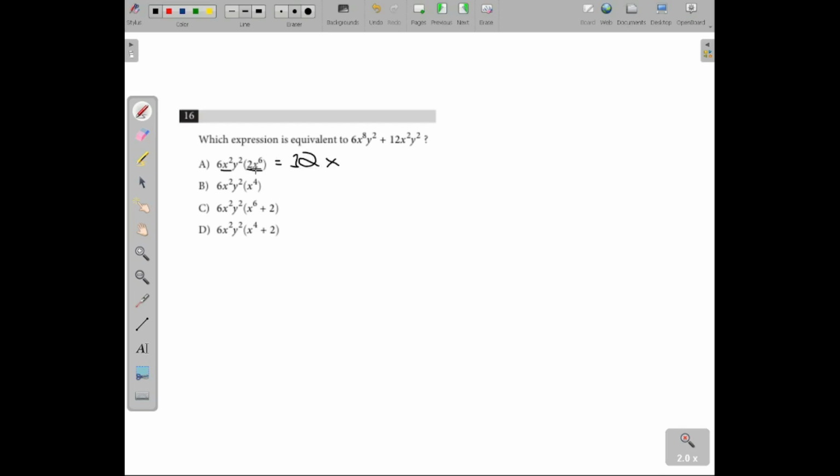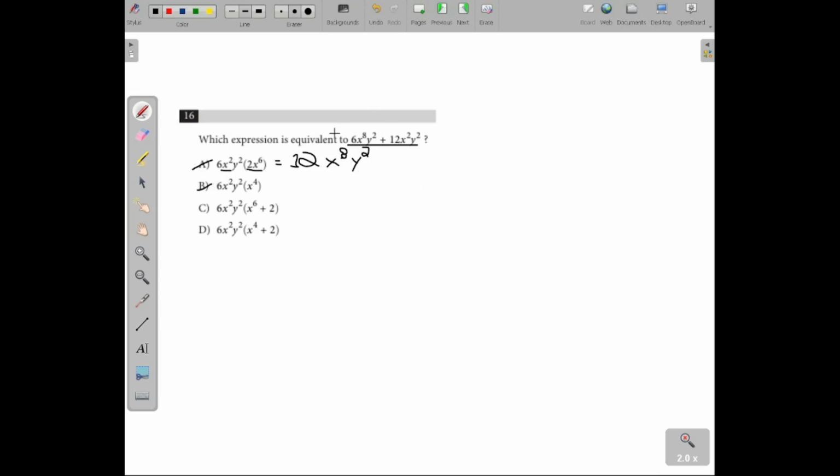When its base is the same, we add the exponents, so 2 plus 6 is 8, x to the 8, y squared. And from that we can know that since we don't have two terms, A and B cannot be our answers.